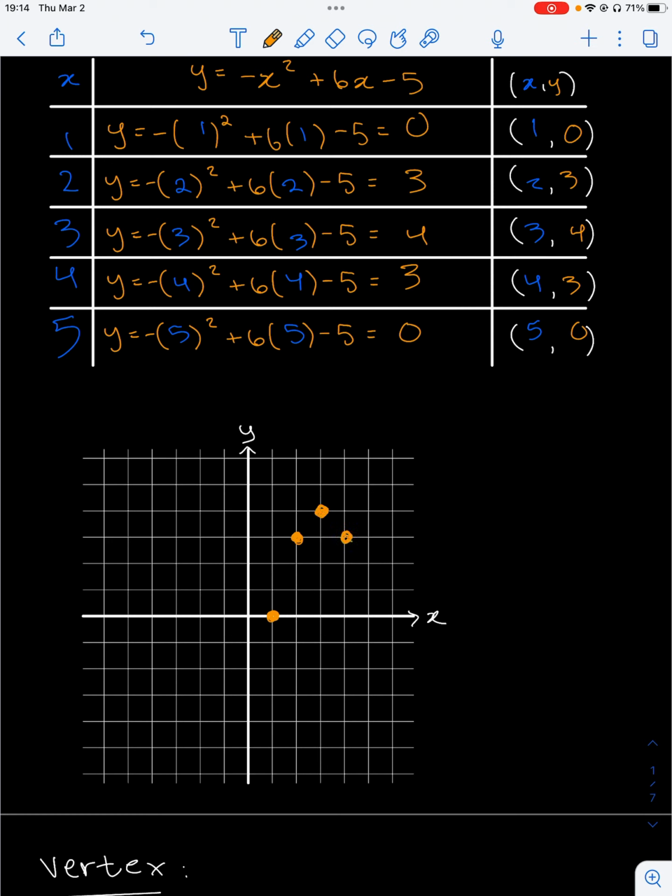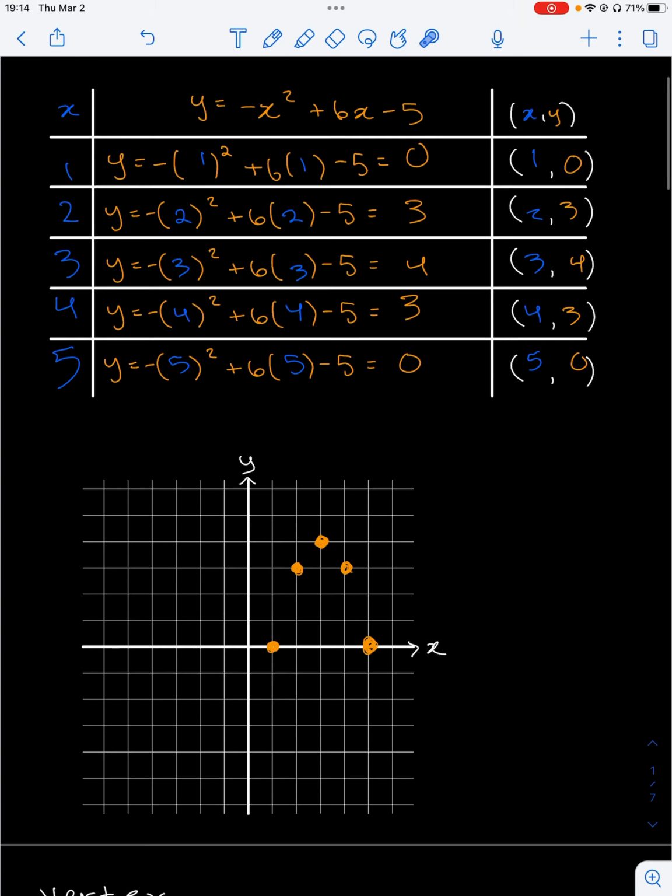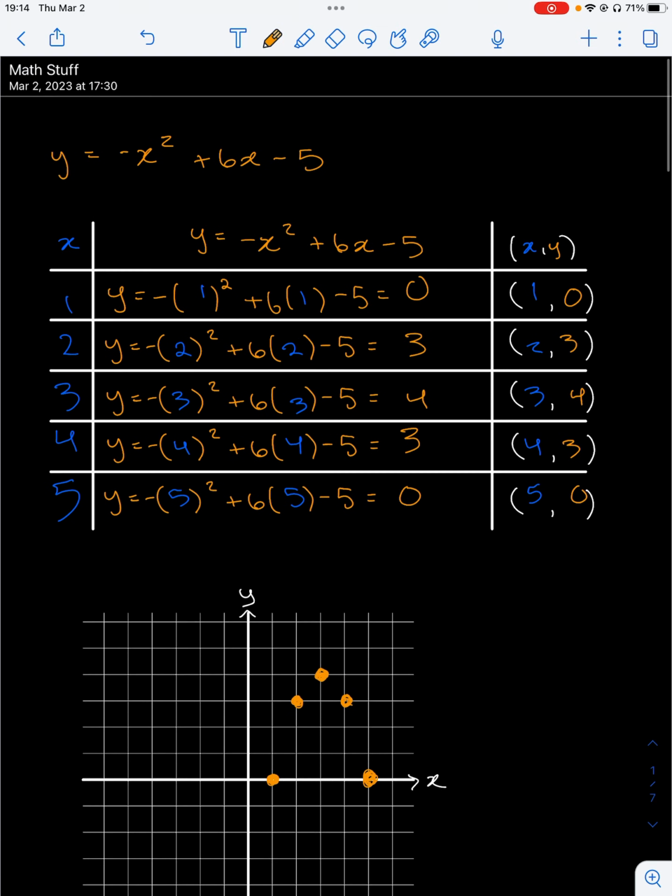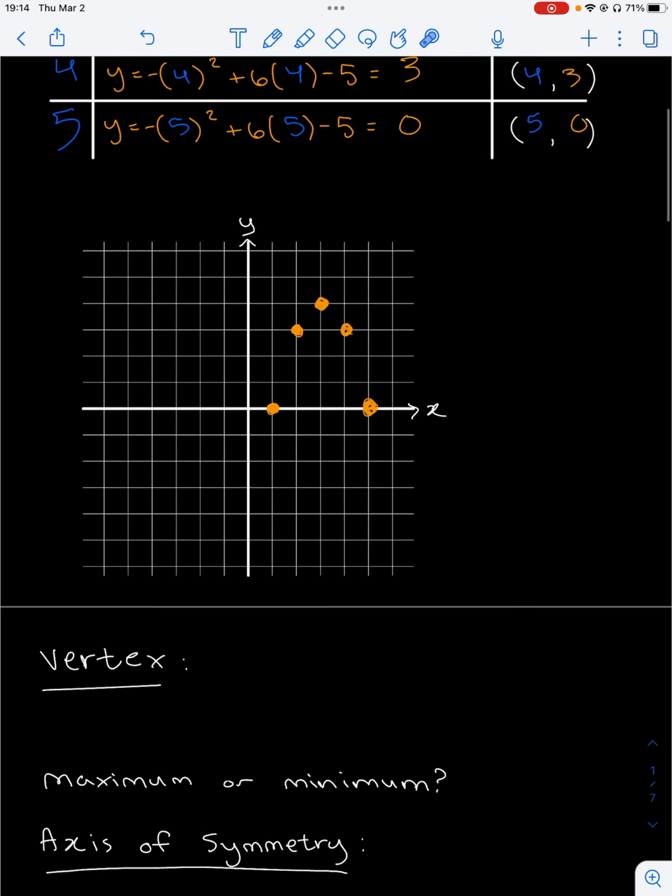I don't have any examples here of a negative number being squared, but if you were to have something like negative 2 squared and you type this in as negative 2 squared, your calculator is going to say, okay, 2 squared is 4, make it negative. That would be a negative 4 as opposed to negative 2 squared, which is a positive 4. And so you'd get an incorrect result there.